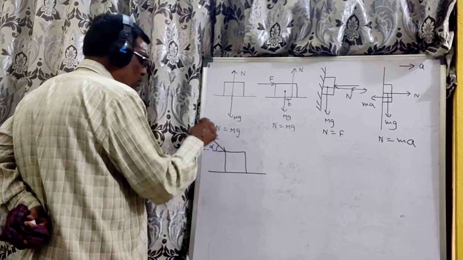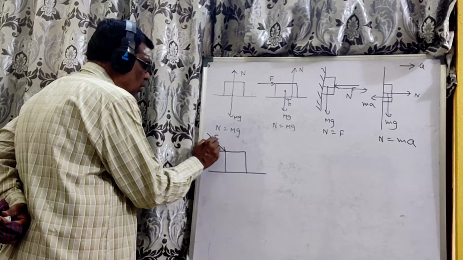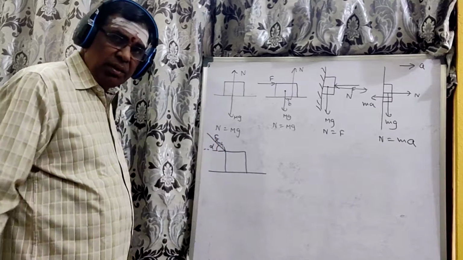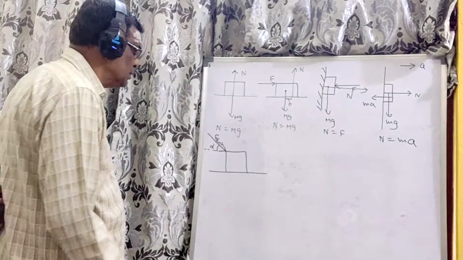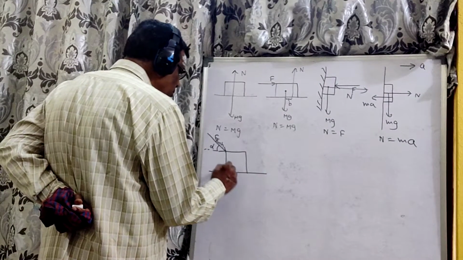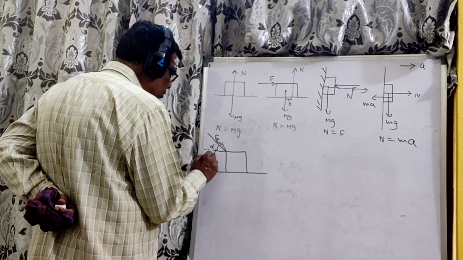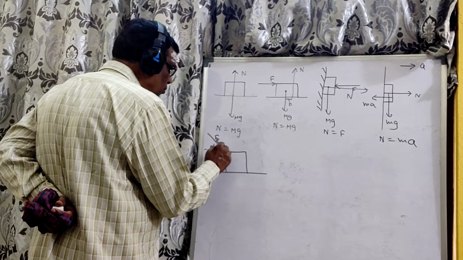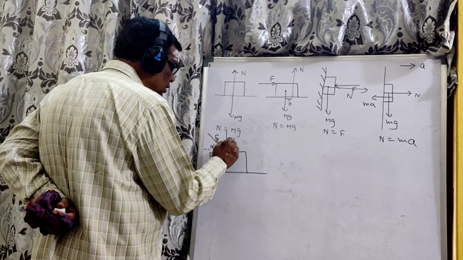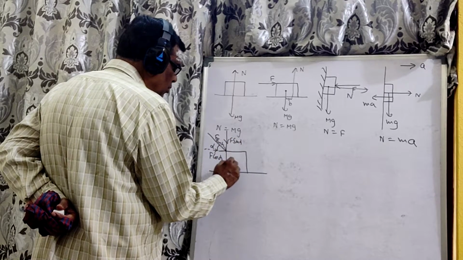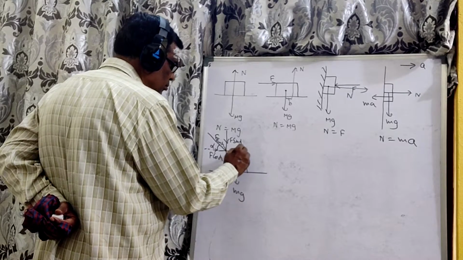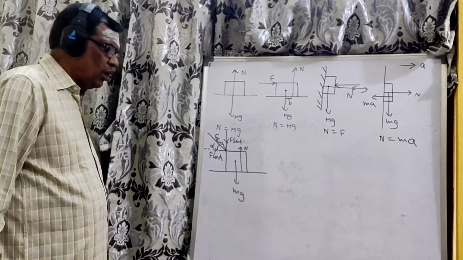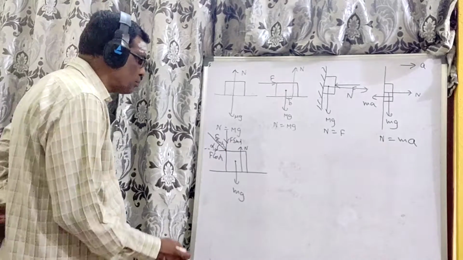Suppose I am applying a force. You are pushing the body at an angle alpha with horizontal. Alright? Now, what are the components? F cos alpha, and this is F sin alpha, this is mg, this is m. How do you write now?